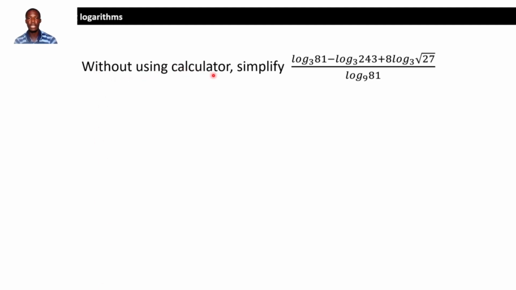Without using a calculator, simplify this expression, which is a fraction with numerator log 81 to the base 3 minus log 243 to the base 3 plus 8 log root of 27 to the base 3. And then the denominator of the fraction is log 81 to the base 9. So let's go ahead and solve. Solution.